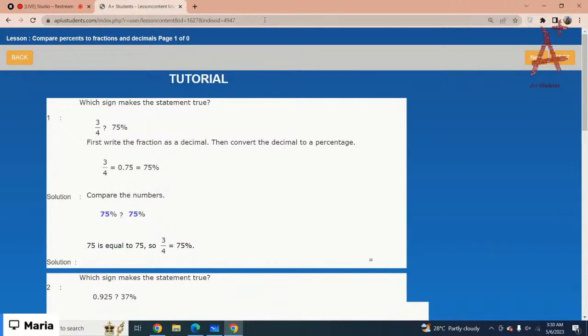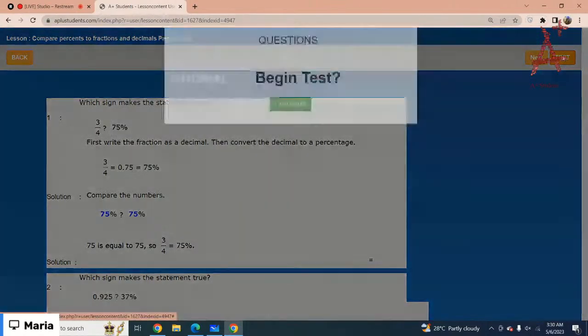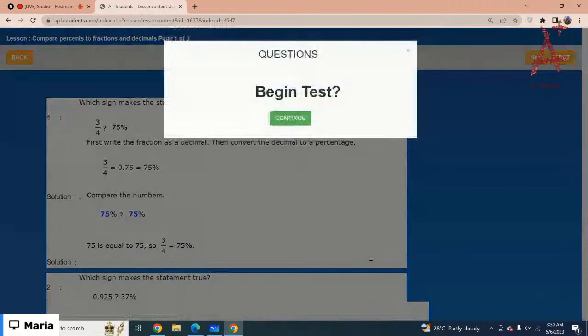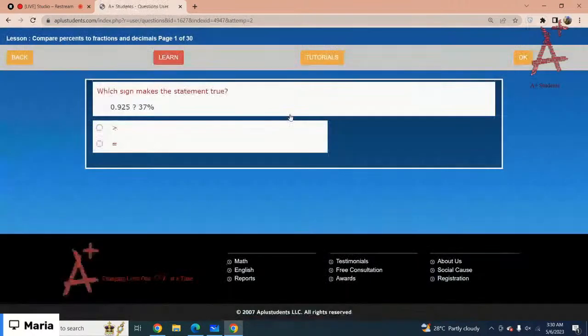Let's just start with the test questions. Okay, which sign makes the statement true?